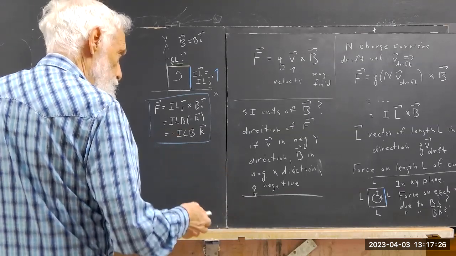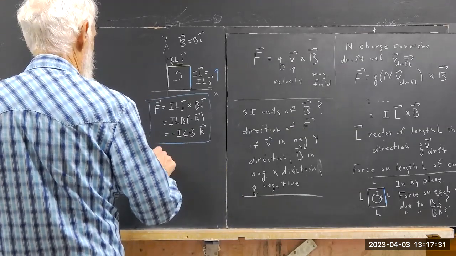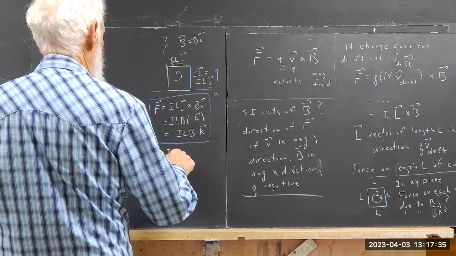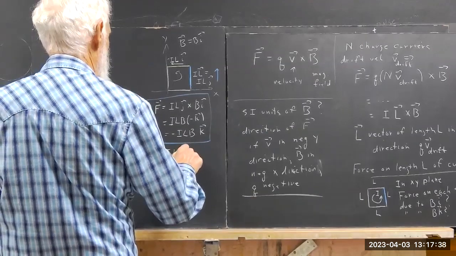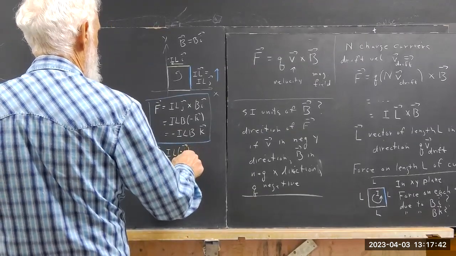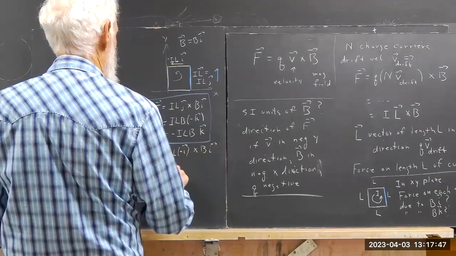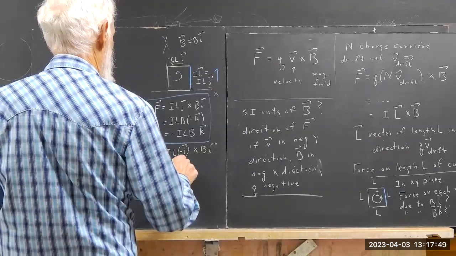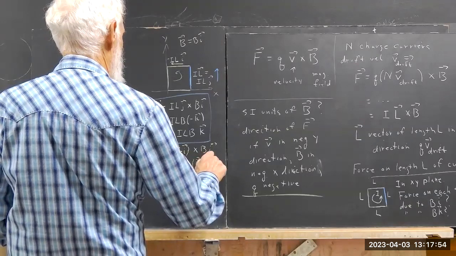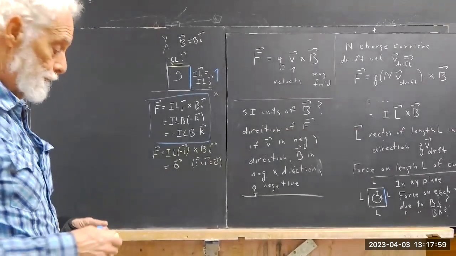I should number these sides to keep it straight. I'll write it as IL times negative I, to be really explicit. It's zero because I cross I is zero.